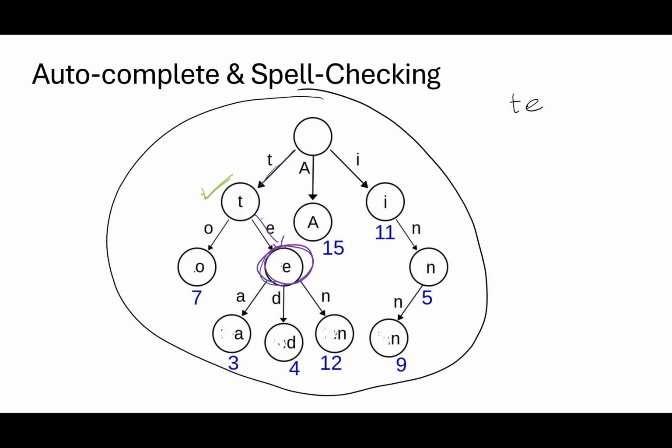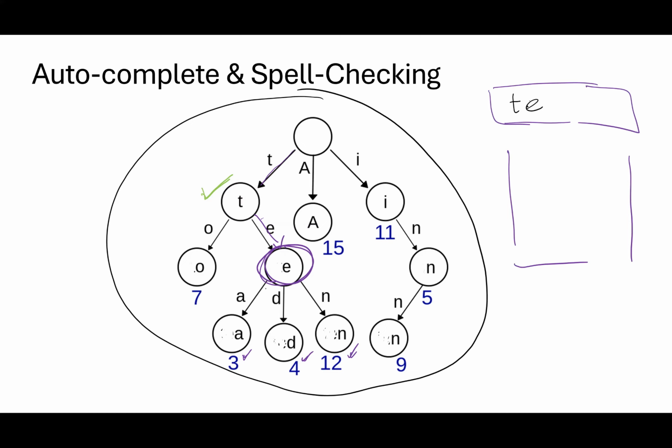And now Google knows from the trie data structure that it has stored, it sees that the next steps might be this, or this, right? So you are searching this, and in the autocomplete, it will start showing you the options.